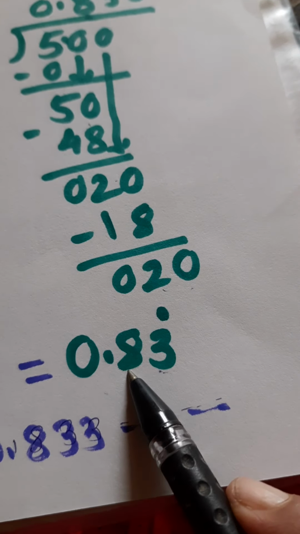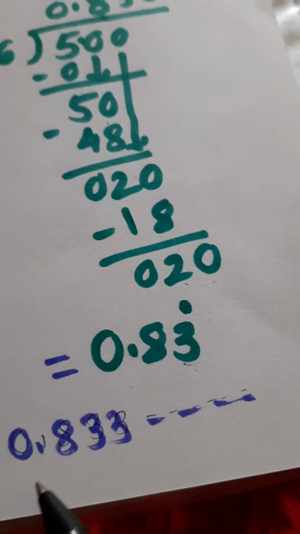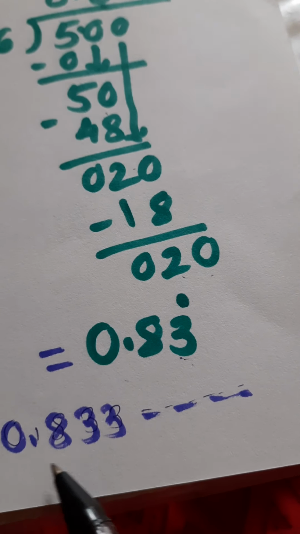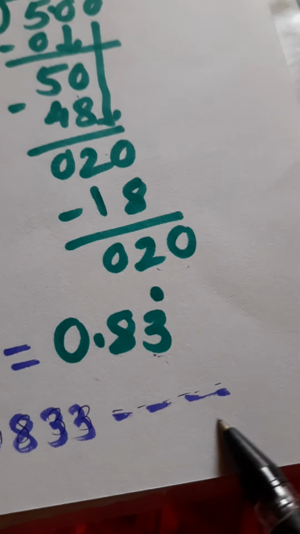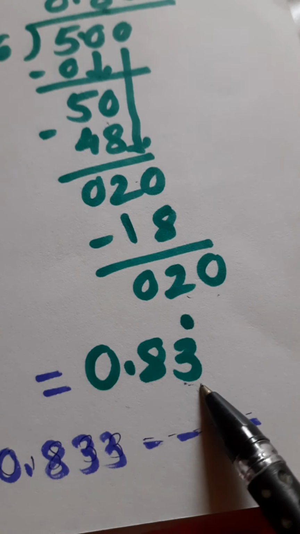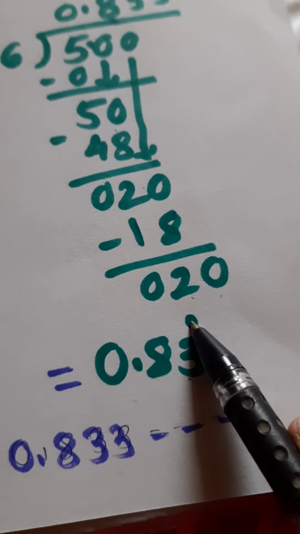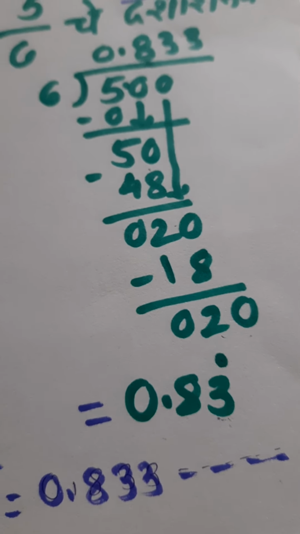Here after 8, the digit 3 is coming repeatedly, that is 0.833... So I have written 0.83 and put a small dot on the 3.